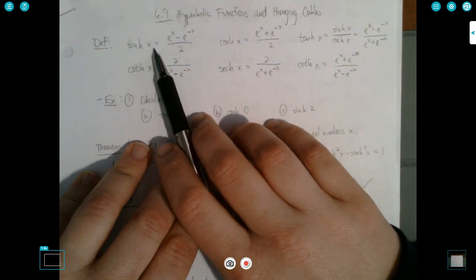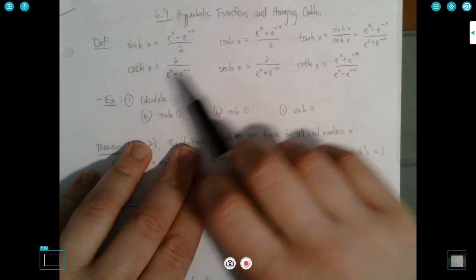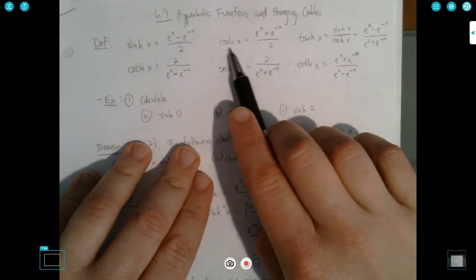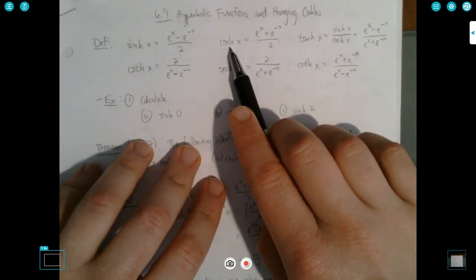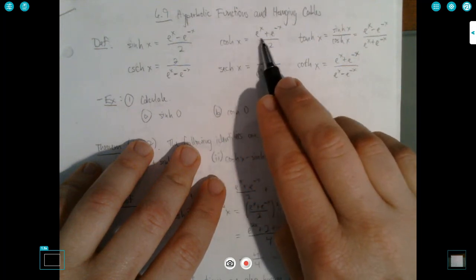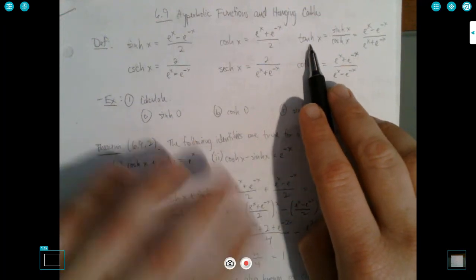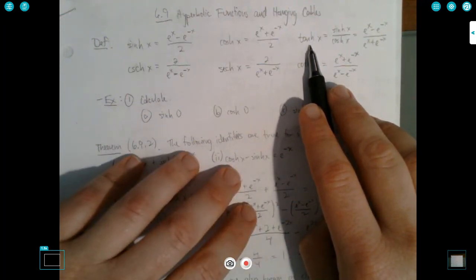So cinch of x is defined to be e to the x minus e to the negative x over 2. Similarly, this is the hyperbolic cosine, but we'll call it cosh. I might go back and forth, but anyway, cosh of x is e to the x plus e to the negative x over 2.